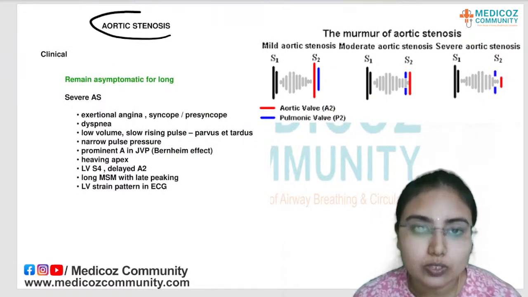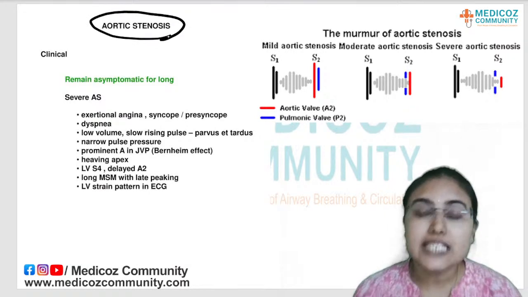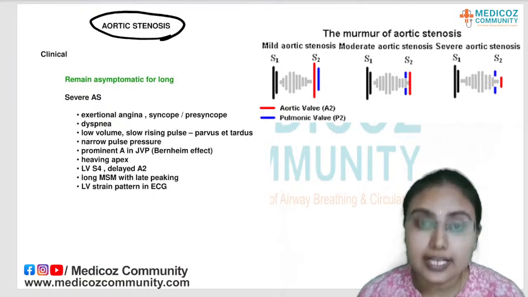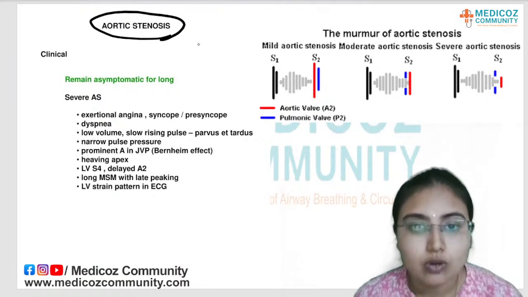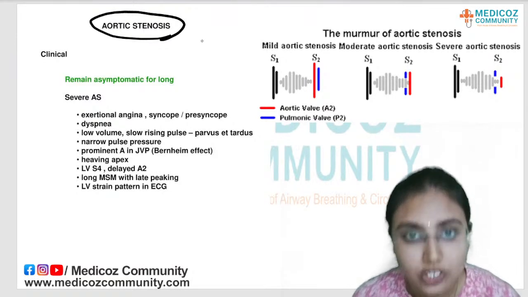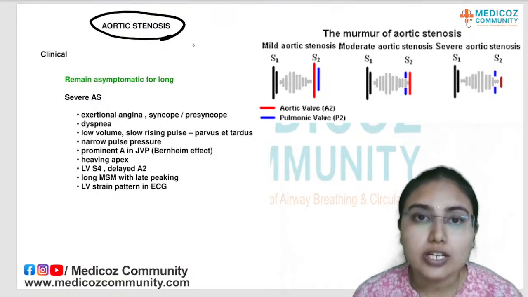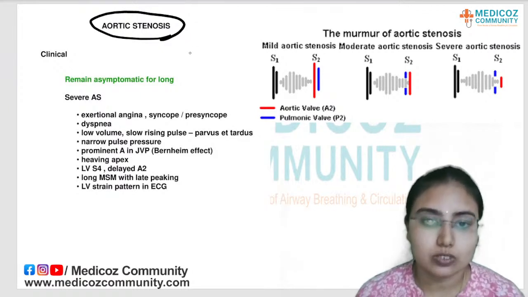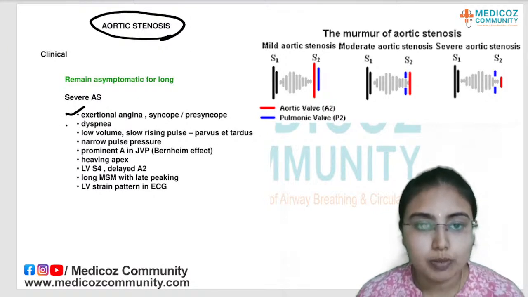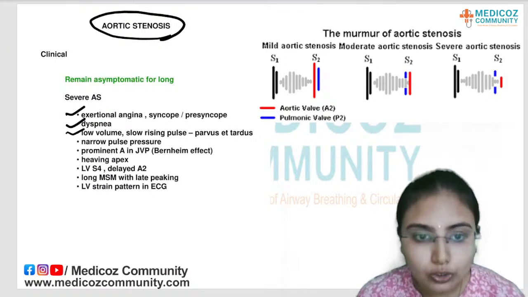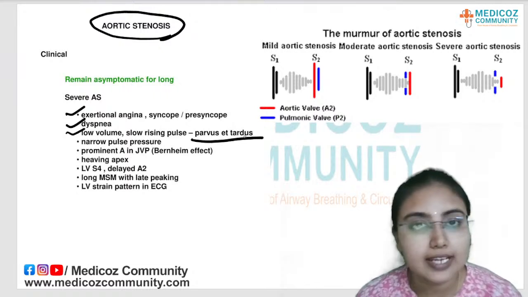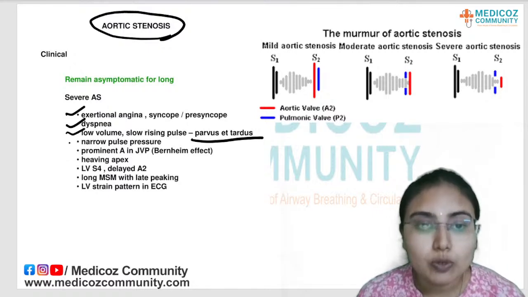In aortic stenosis, there are some signs and symptoms which can tell you whether the disease is progressing, whether it is becoming severe. Okay, so what are the signs of a severe aortic stenosis? That is the question. So you need to know what are the indicators for severe aortic stenosis. Okay, so exertional angina, syncope or pre-syncope, dyspnea, low volume, a slow rising pulse, the famous pulsus parvus et tardus, the narrow pulse pressure.